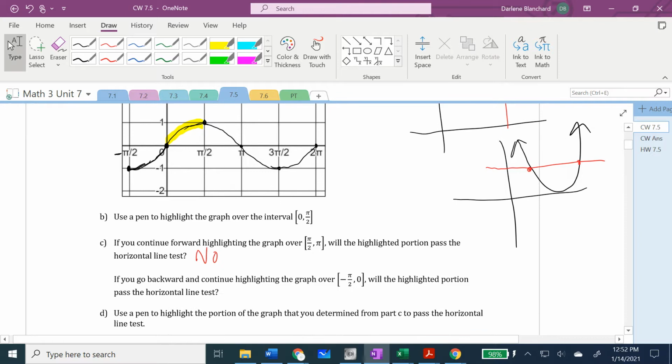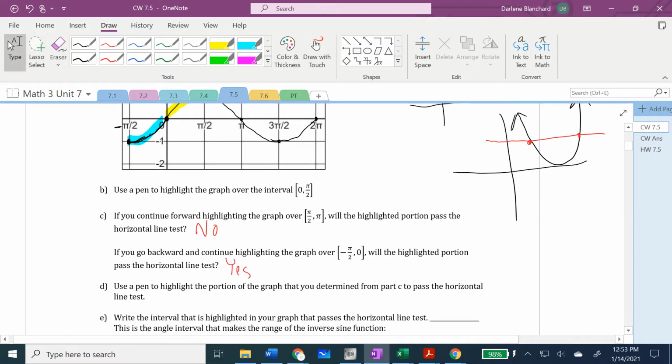Now, what if I go backward and continue highlighting the graph from negative pi over 2 to 0? Will that entire highlighted portion, the blue and the yellow together, pass the horizontal line test? Yes. And then basically D is make sure it's highlighted.